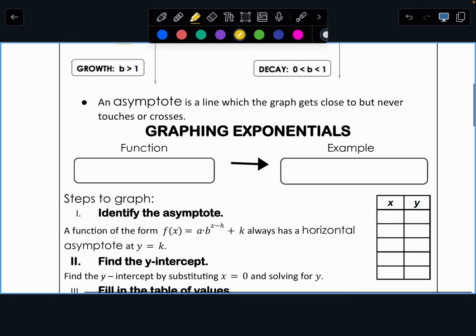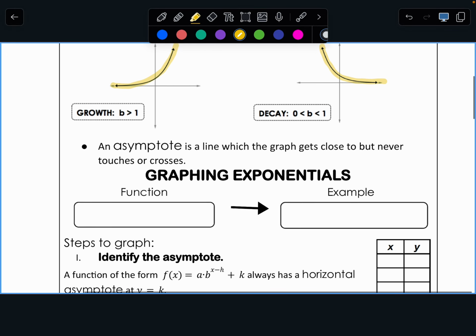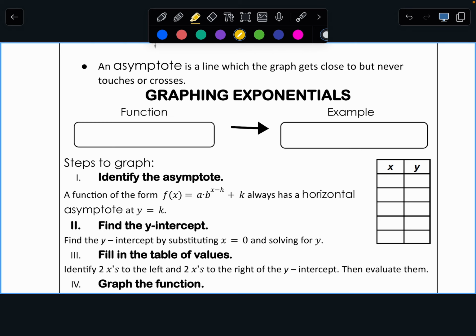So let's look at the different components of an exponential graph and work on creating a table. A function would look like a times b to the power of x minus h plus k.